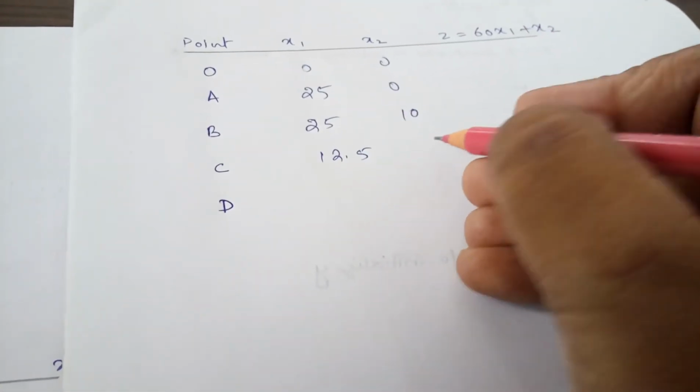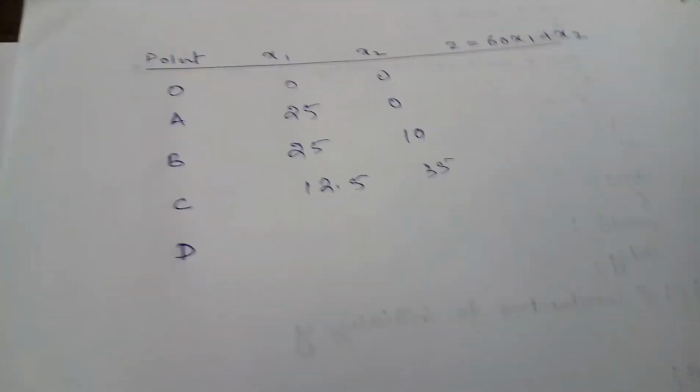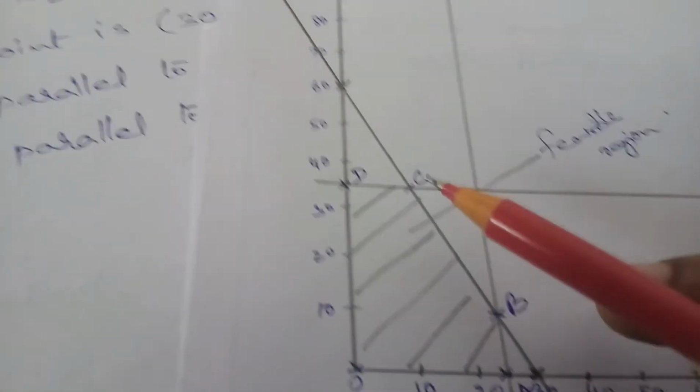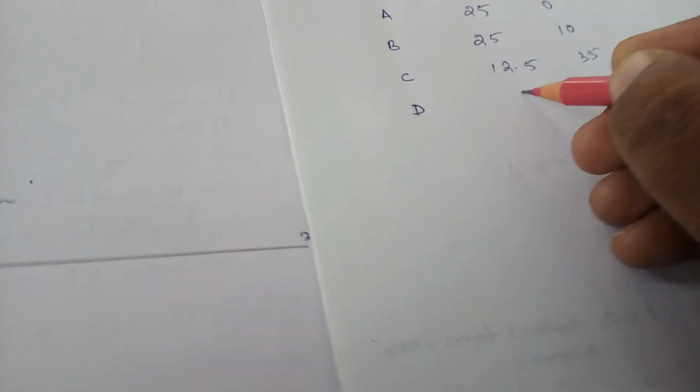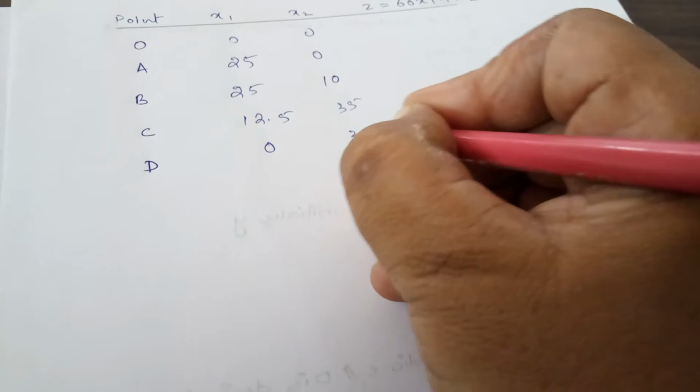And the next is point D. D is this one: x1 is 0 and x2 is 35.